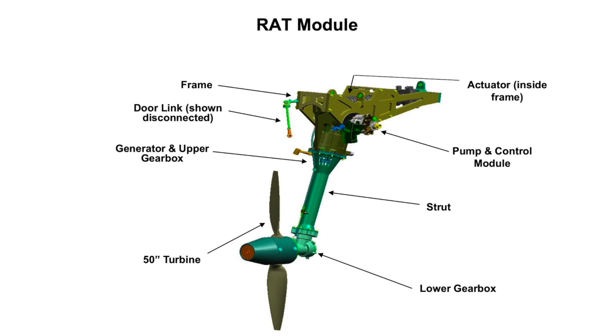The time taken for the RAT to come online electrically and hydraulically is dependent on the aircraft indicated airspeed in the slipstream. The RAT deployment is spring-loaded and takes less than 1 second to extend completely. The time for the turbine to spin up to operating speed can take around 10 seconds.